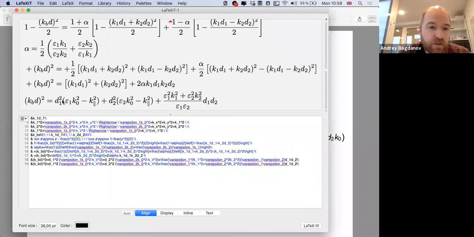And this is the expression for k1 square, and this is the expression for k2 square.